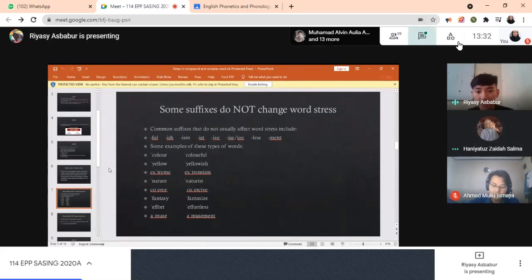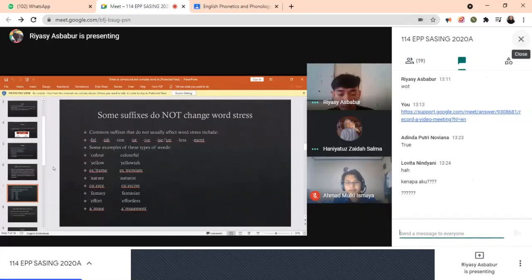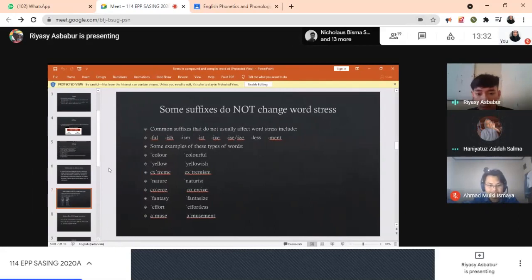Some suffixes do not change the word stress. Common suffixes that do not usually affect word stress include -ful, -ish, -ism, -ist, -ive, -less, -ment.